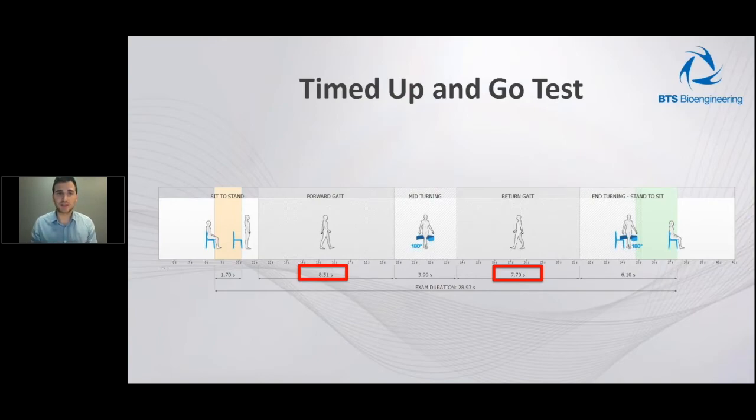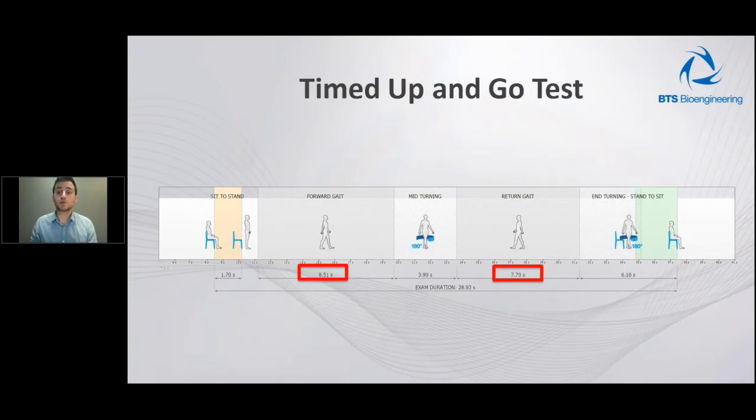But concerning the sit to stand and stand to sit, the duration of these phases referred to the total duration of the analysis is reduced. This phase is not problematic for the patient.